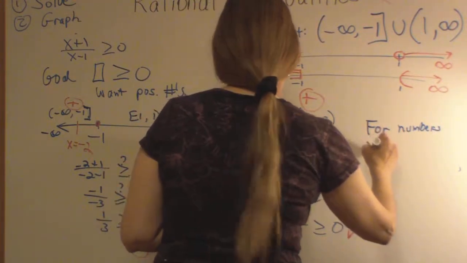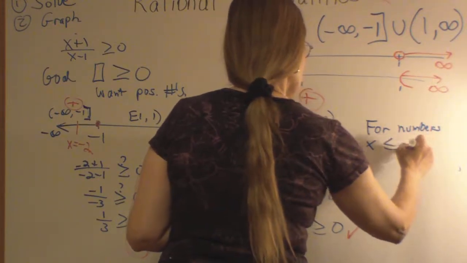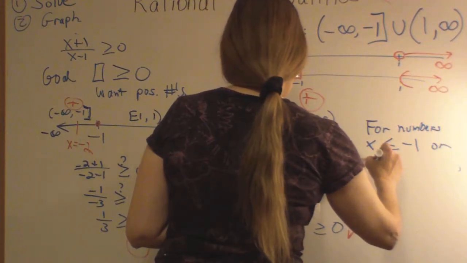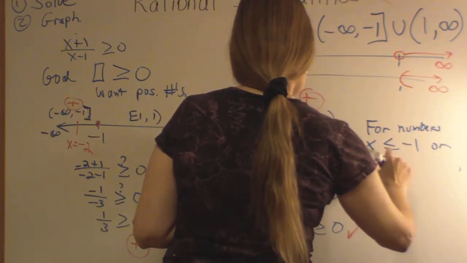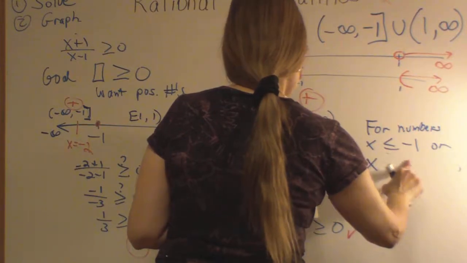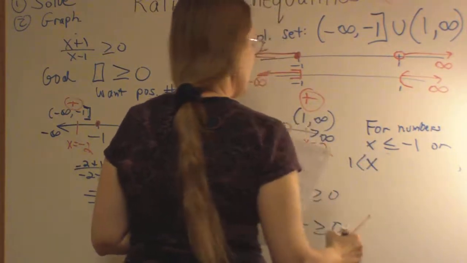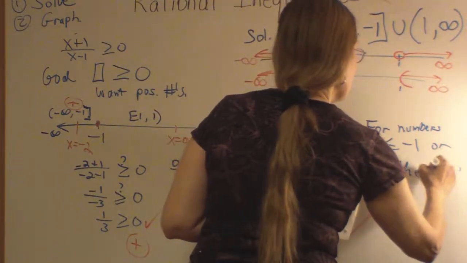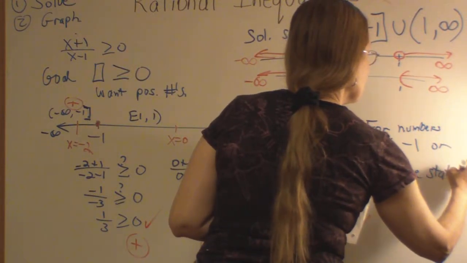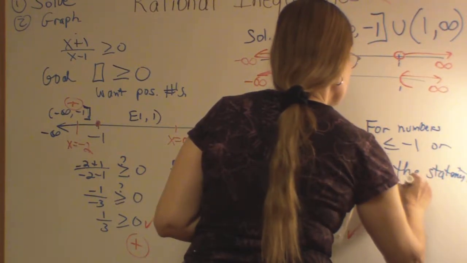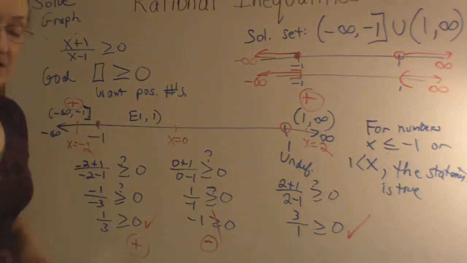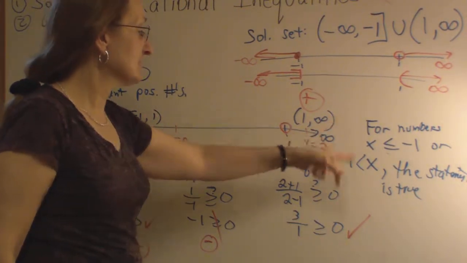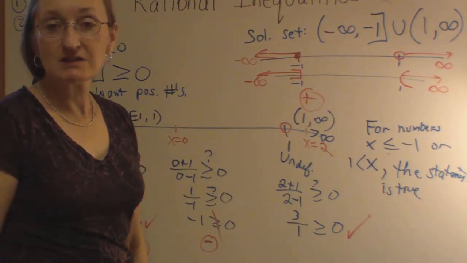For numbers, let's say x is less than or equal to minus 1, or for x greater than 1, the statement is going to be true. So after we put it in interval notation and number line notation, it's good to just summarize in English what it is that we have found.